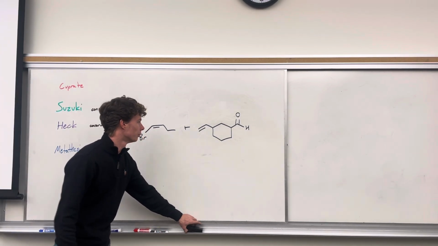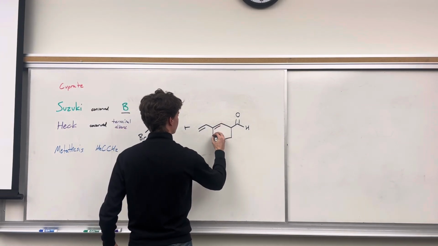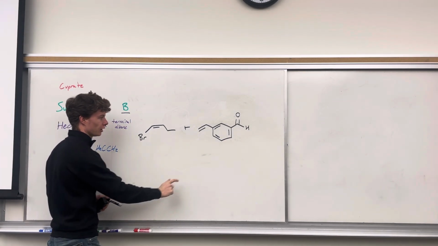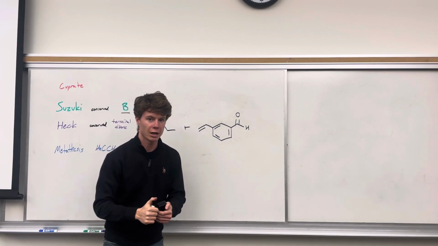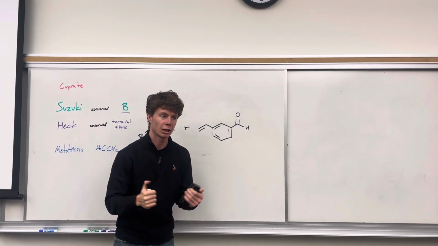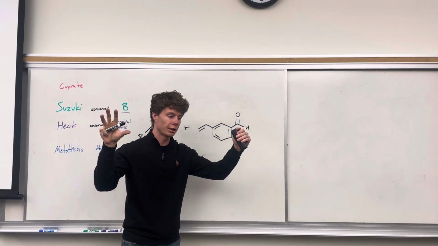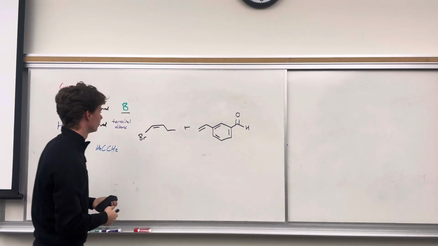I take my leaving group, I take my terminal alkene, and I bond them together. Think of it: when we do that, we'll be taking double bonds and bonding them together with a single bond, so it will be conjugated.